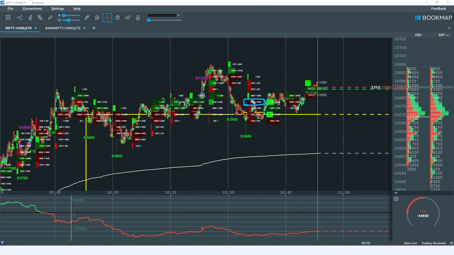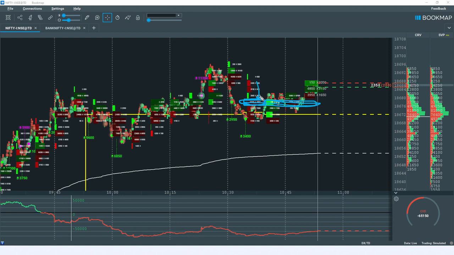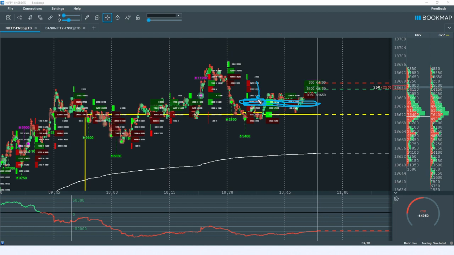For example, in this case, price is presently surviving above this aggressive sell. That means whoever sold aggressively here are getting trapped, or maybe they were profit booking. The question here is, if someone is aggressively selling, who is consuming those orders?